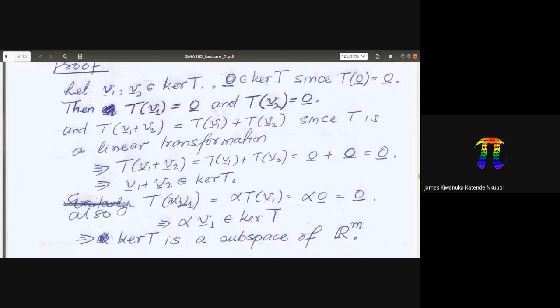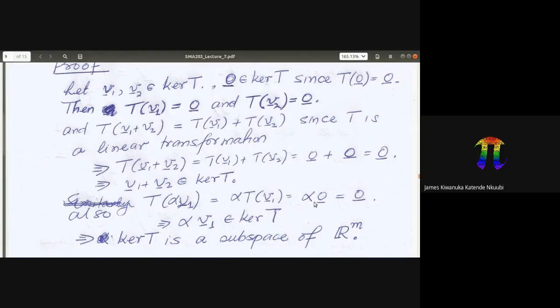The second one is to check that a multiple of a vector in the kernel will also be in the kernel. So T of alpha V1 will be equal to alpha TV1. This is true because T is a linear transformation. That's already known or given in the theorem. But we know that TV1 is the 0 vector because V1 is in the kernel.